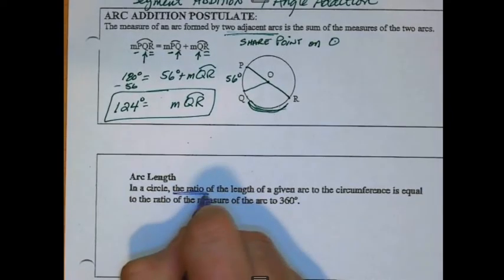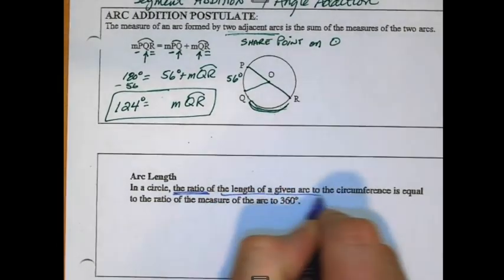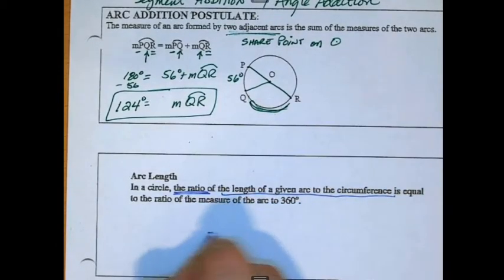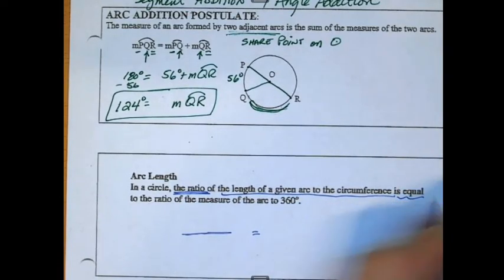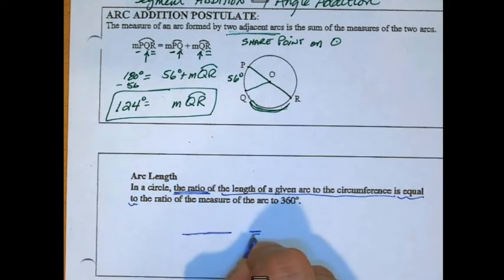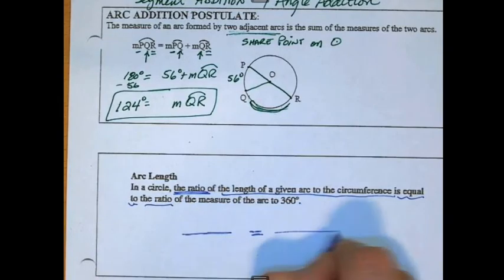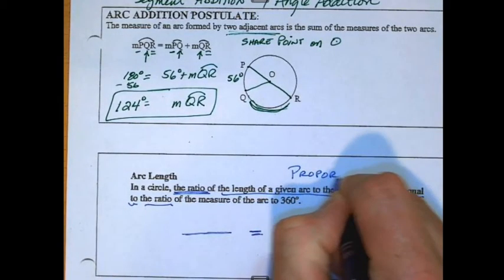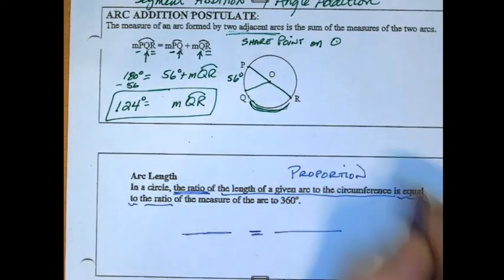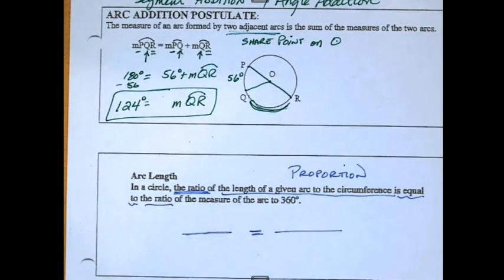You know what a ratio is, right? A ratio is a fancy term for fraction. And then this is equal to another ratio. So now we've just formed a proportion. We learned about proportions. We know how to solve proportions.